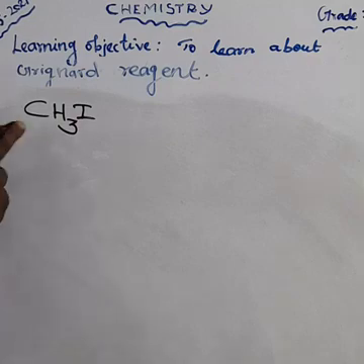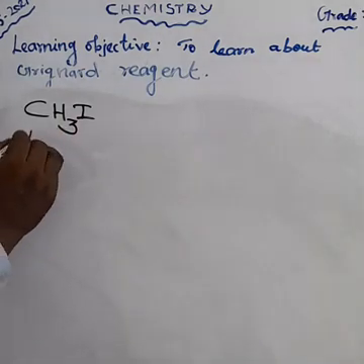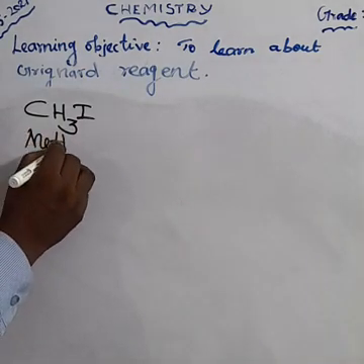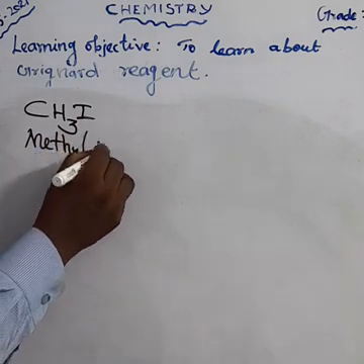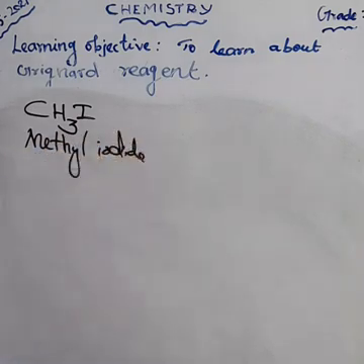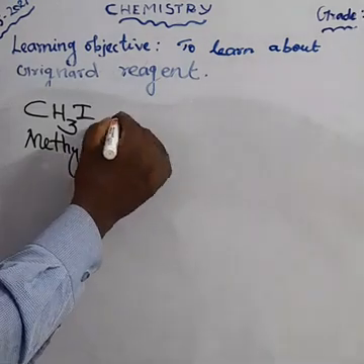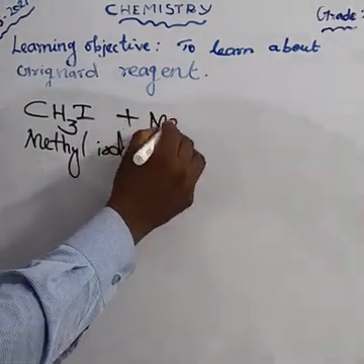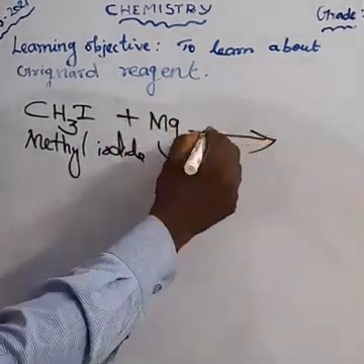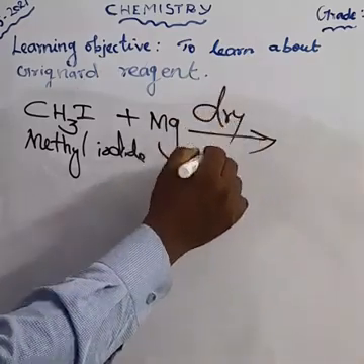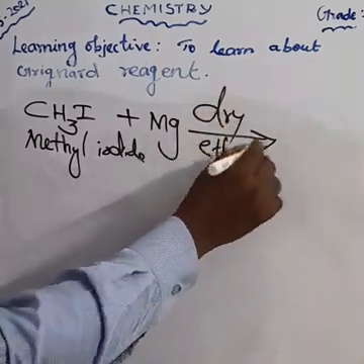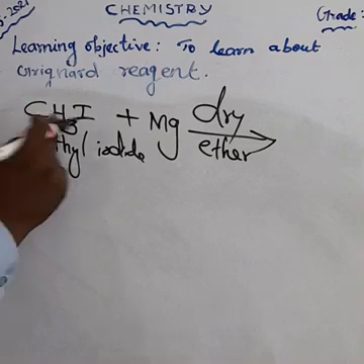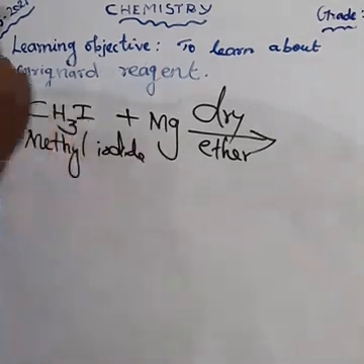Methyl iodide reacts with magnesium in the presence of dry ether, and we get CH3MgI.